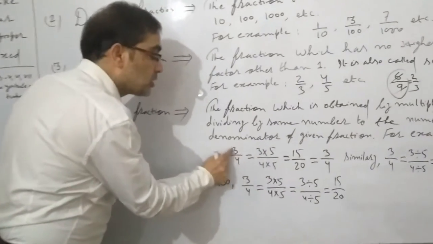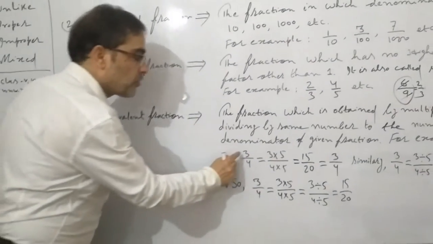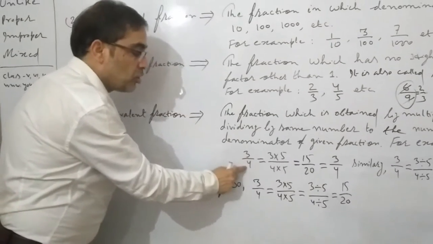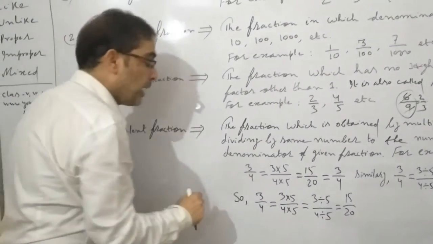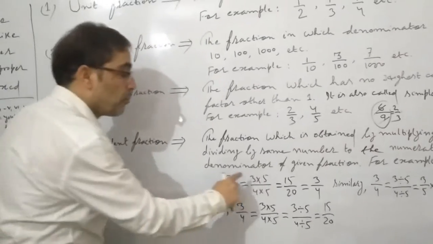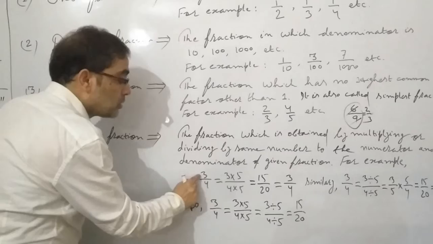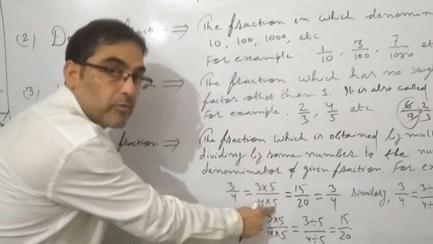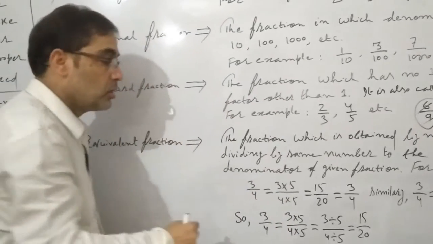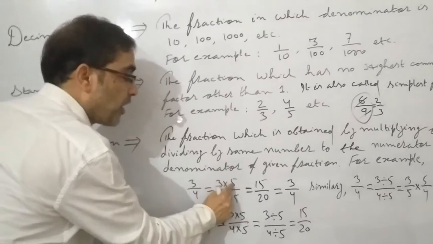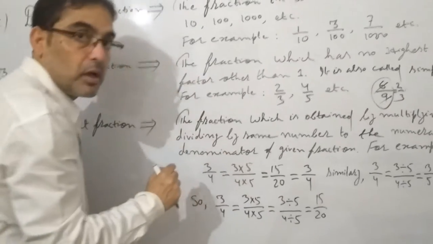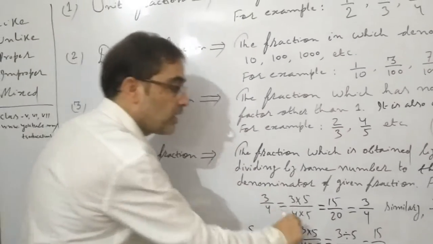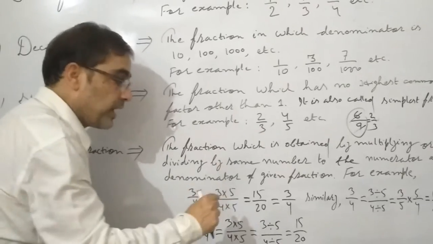Here the given fraction is 3 by 4, its numerator is 3, its denominator is 4, and I am multiplying the numerator and denominator both by the same number 5, and by doing so the result comes 3 5s are 15 and 4 5s are 20.